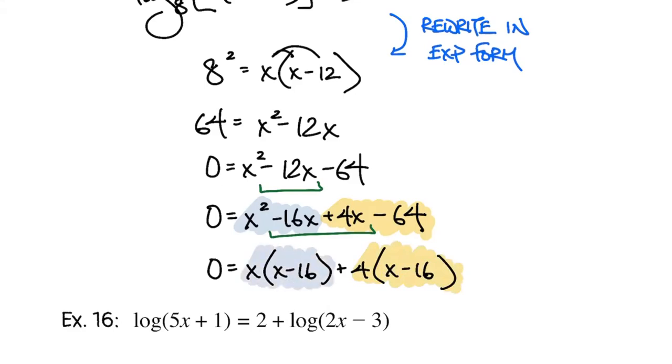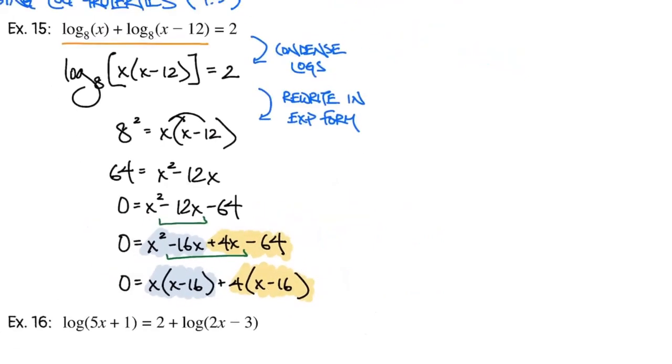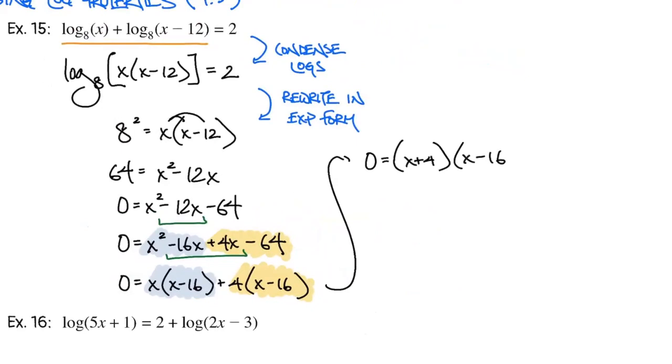Which means that I actually have 0 equals x plus 4 times x minus 16. We can apply our zero product property. We'll get x plus 4 equals 0 or x minus 16 equals 0. We solve, we get x equals -4 and x equals 16.